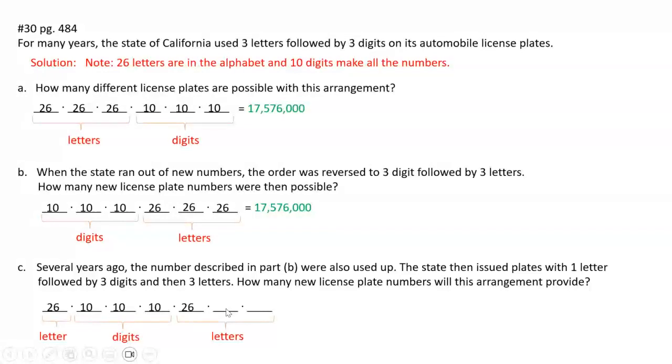You multiply it out, and you get 456,976,000. Imagine, guys, with adding one letter to part B, you increased it by almost 440,000,000 just by adding one letter.